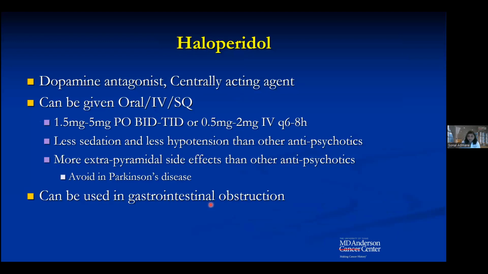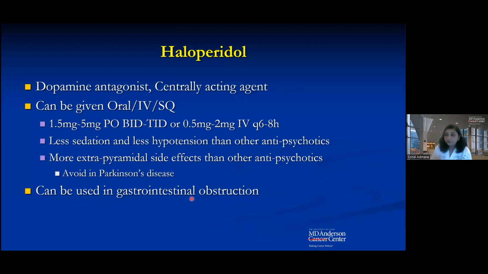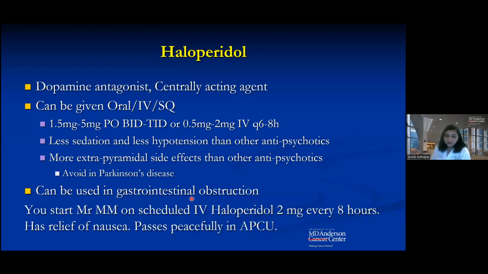The other benefit of Haldol is that it can also be used in complete bowel obstruction where you may not be able to use metoclopramide, and we'll talk about that as we go on with the presentation. So you start him on scheduled haloperidol at 2 milligrams every 8 hours. He has relief for nausea, and then he passes peacefully in the palliative care unit.